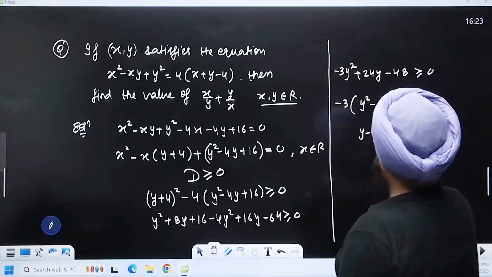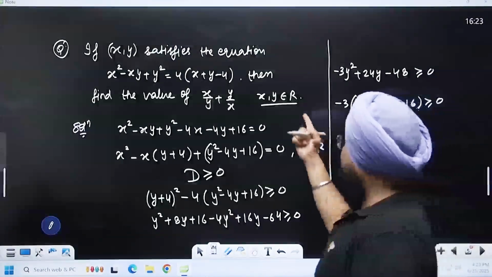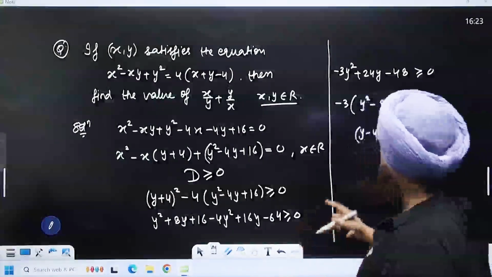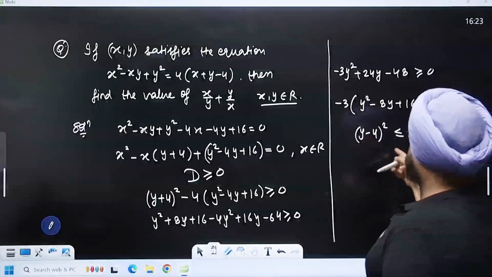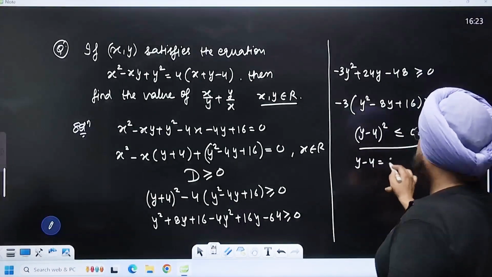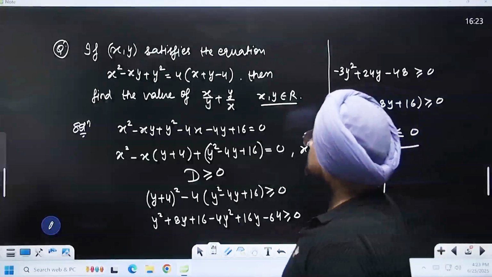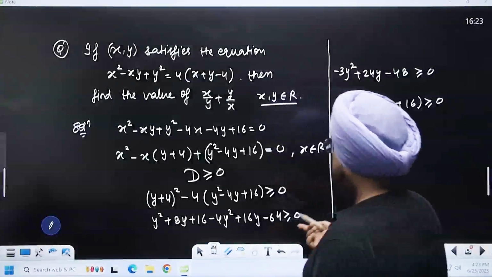So this is y minus 4 whole square is less than or equal to 0, as we know that y is also a real number. This expression is possible only when y minus 4 is equal to 0. So the value of y is equal to 4.